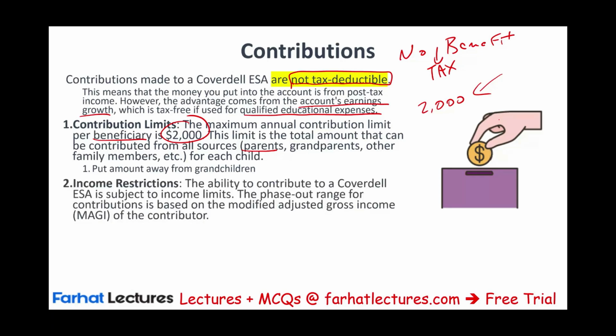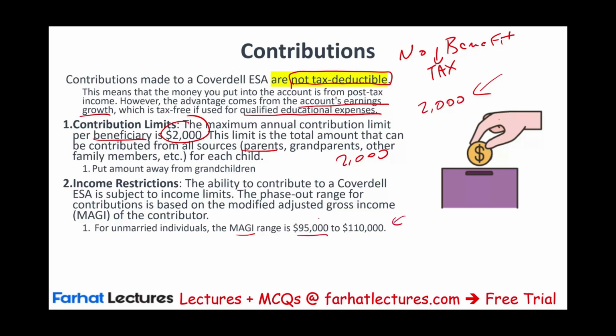Now, bear in mind, you are limited to $2,000, and if you make so much money, well, guess what? The government says you cannot contribute. For an unmarried individual, their modified adjusted gross income, let's just say adjusted gross income, they can contribute as long as their income is not above 110.